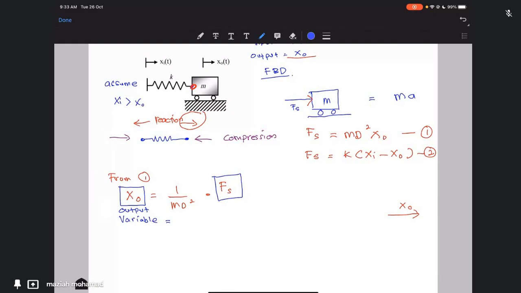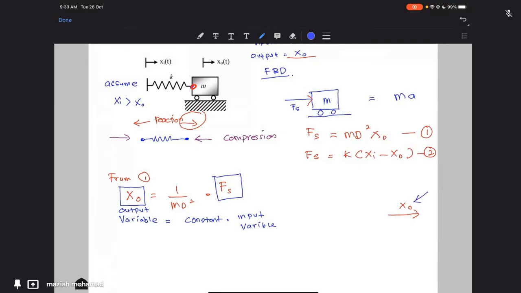Here is a constant, and then here is the input variable. So this is the form of the equation: output equal to constant multiplied with the input variable. So when we write S naught equal to 1 over md square multiplied by Fs, S naught becomes the output. That's why we draw the output arrow here.